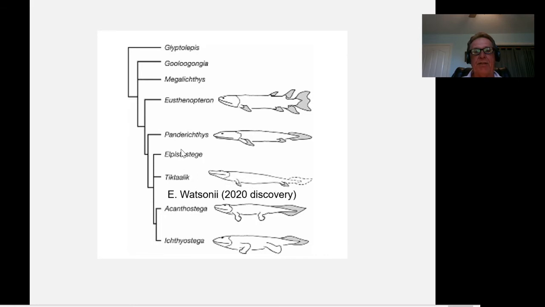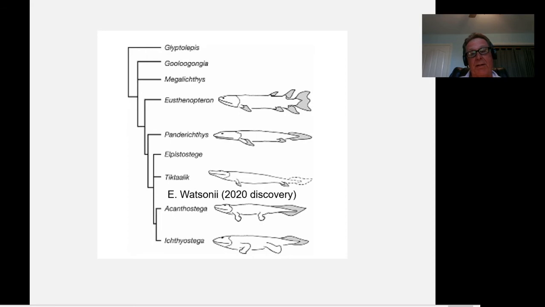It is another intermediate. It is in this same evolutionary stage as Tiktaalik. It looks very similar to Tiktaalik, except the fossil is much more complete, much better preserved. So we really get a good view into the evolution of and the transition from these fish into terrestrial organisms. So if you think about this, and there's a book called My Inner Fish by the discoverer of Tiktaalik rosae, these are our ancestors.